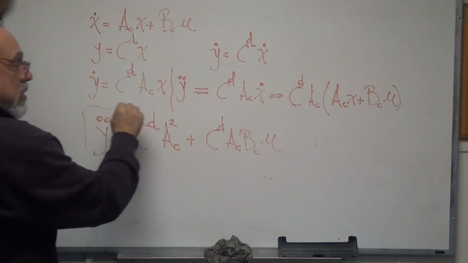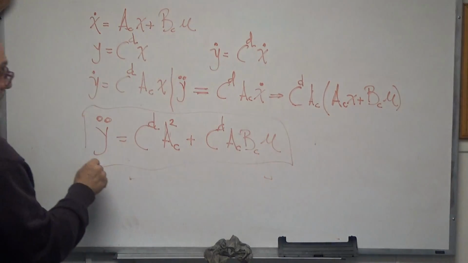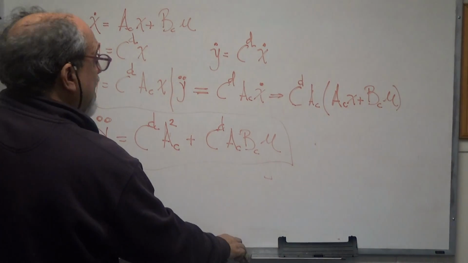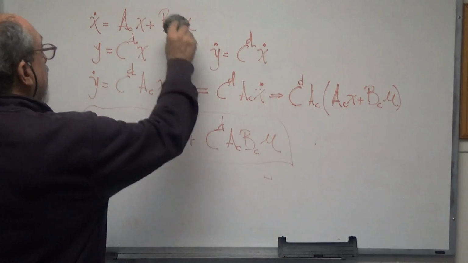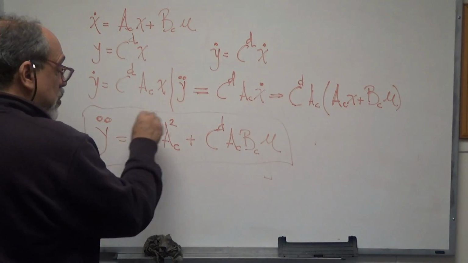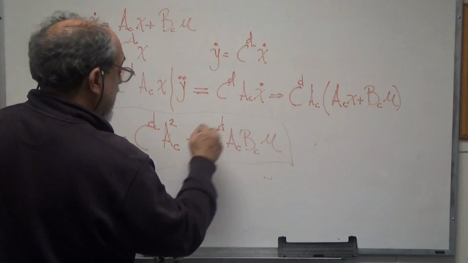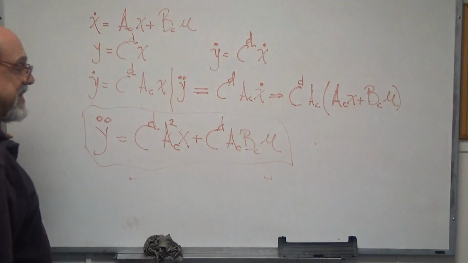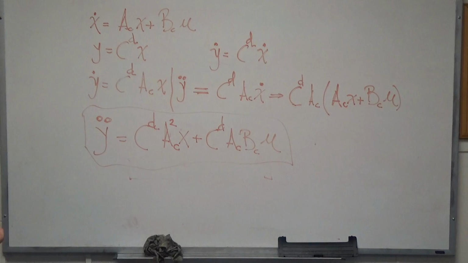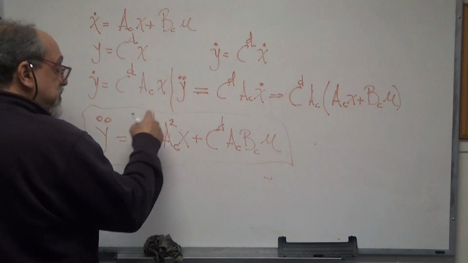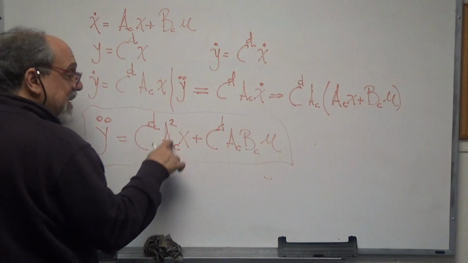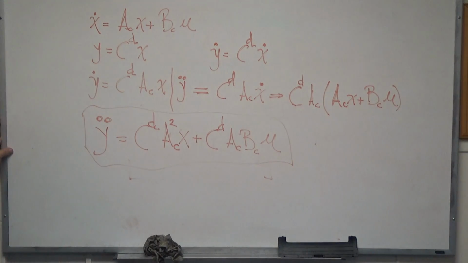Now this is kind of cool, right? Because now let's look at this. What this says is if I had measured accelerations, the C that I would have obtained in front of the state is actually CD times AC squared, right?